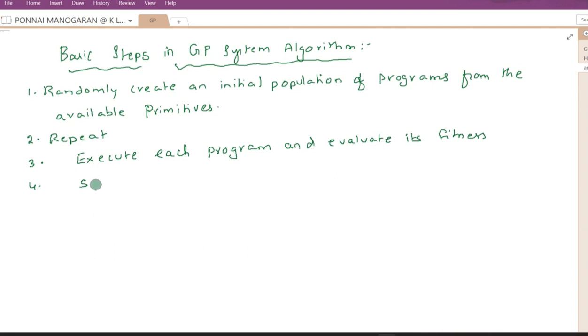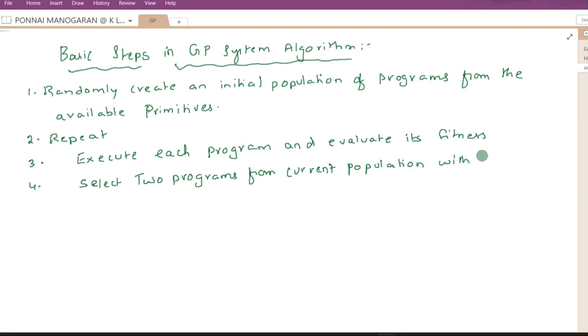So for that, your next step is you need to select one or two programs from the current population with selection probability.